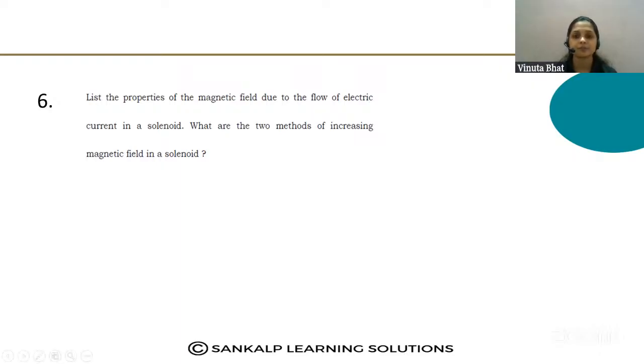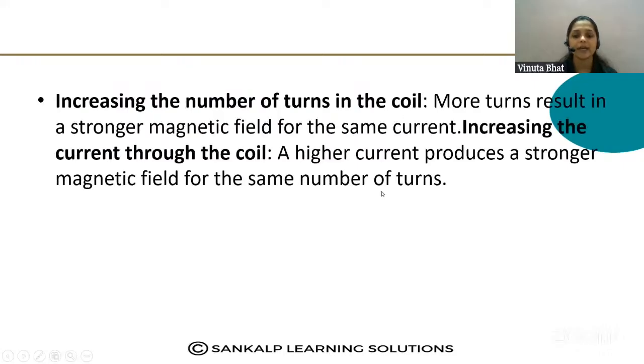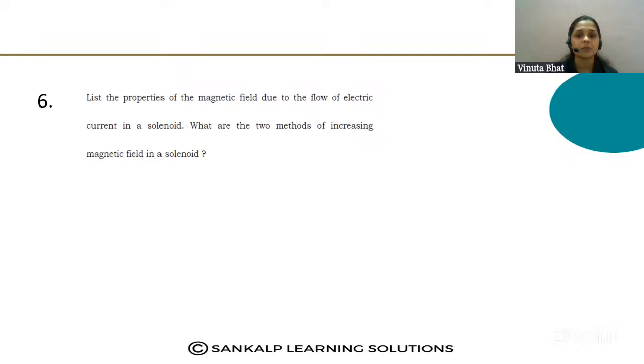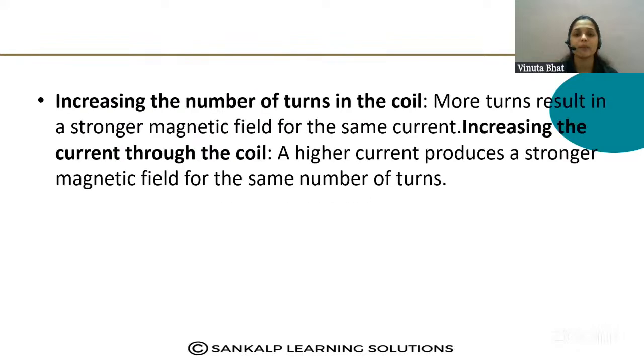Okay. Next question. What is the method of increasing the magnetic field in a solenoid? How can we increase the magnetic field in a solenoid? So here, increasing the number of turns in the coil: more turns result in a stronger magnetic field for the same current.